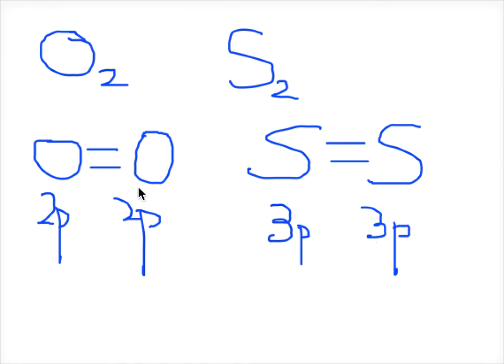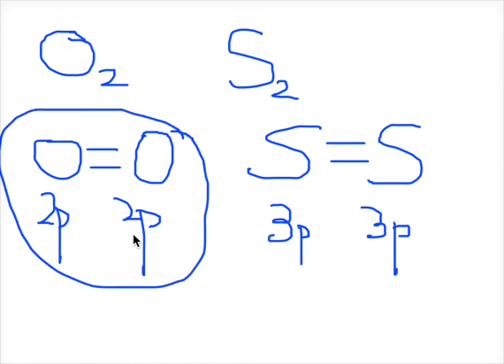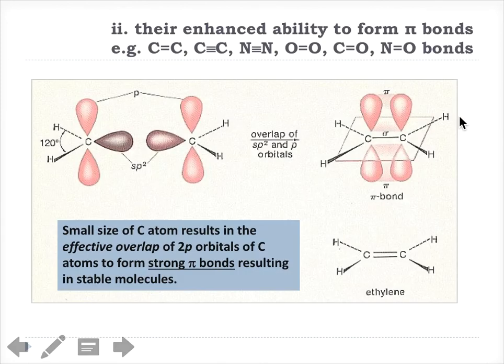This pi bond is much stronger than the 3p pi bond, because the overlap between these 2 orbitals is much more effective.